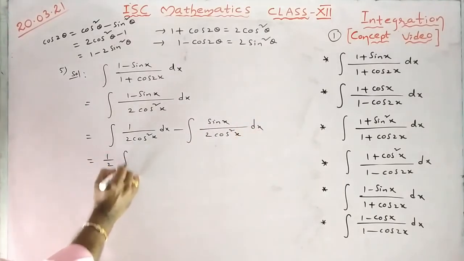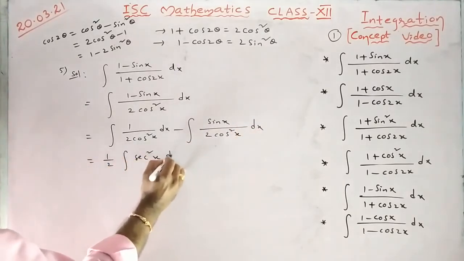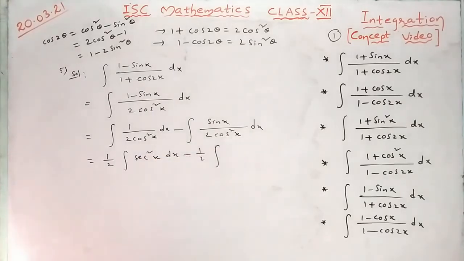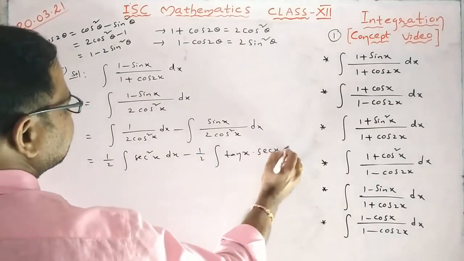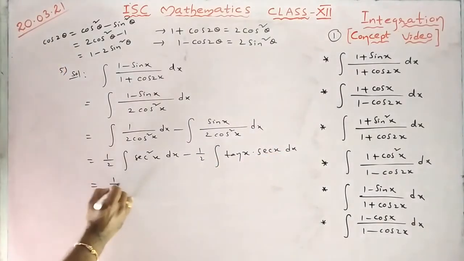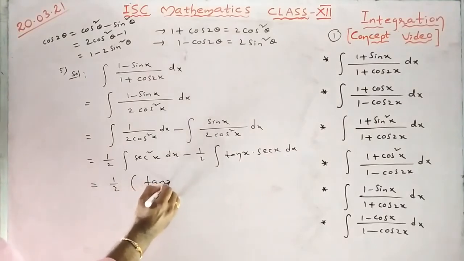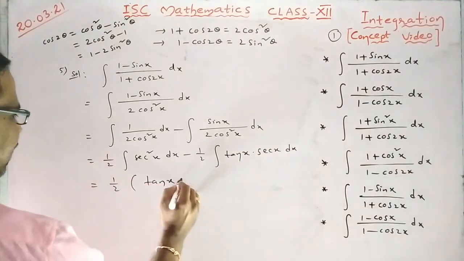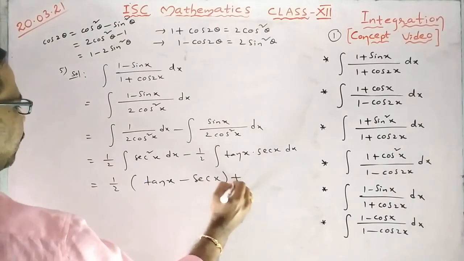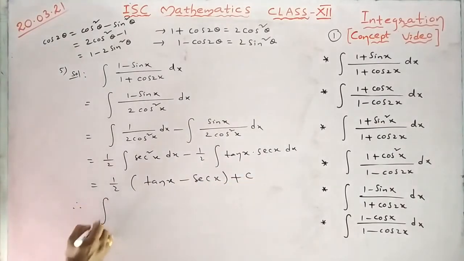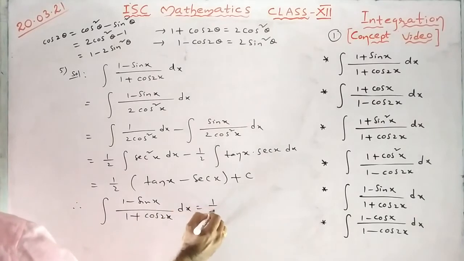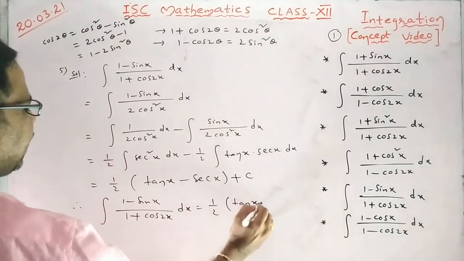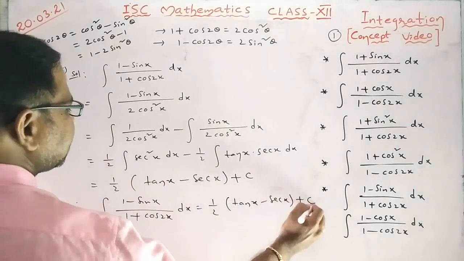So 1 by 2 integral 1 by cos square means secant square x dx. 1 by 2, sin by cos is tan x, 1 by cos is secant x dx. So 1 by 2 of secant square x integration is tan x, and secant x tan x integration is secant x plus c. Therefore integral (1 minus sin x) by (1 plus cos 2x) dx equal to half of (tan x minus secant x) plus c.